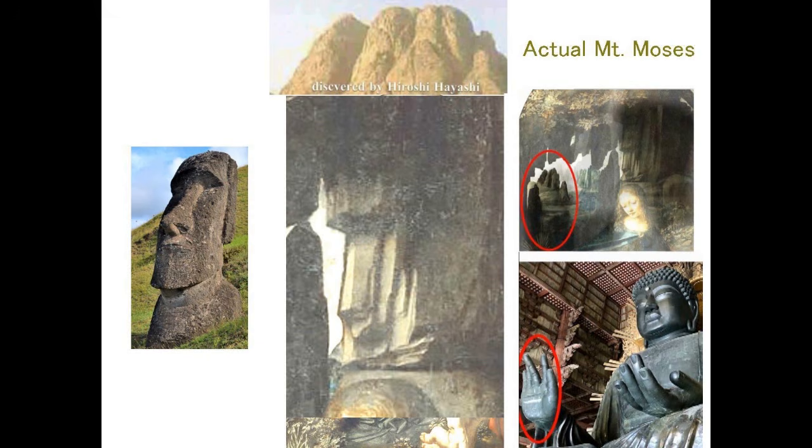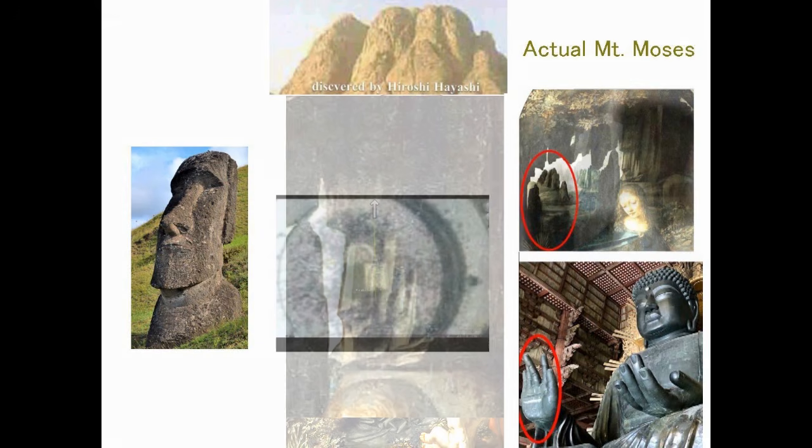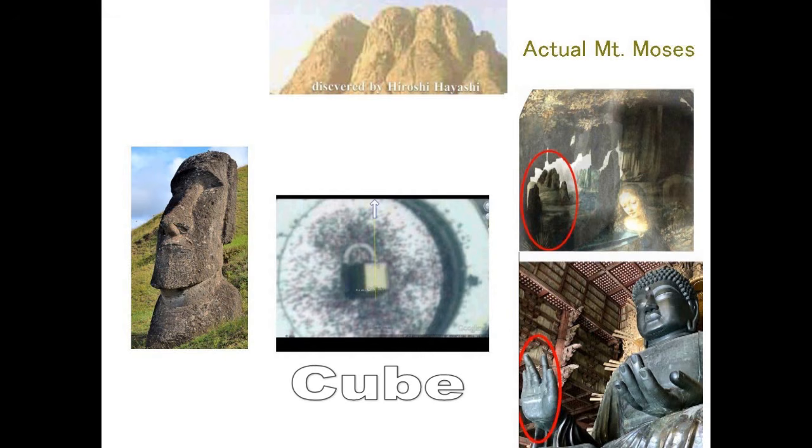By the way, you can see that the cube of Merkaba shows the direction of Mount Moses in the Sinai Peninsula very accurately. Mount Moses is the most sacred mountain for Muslims. Conversely, if you draw a line from Mount Moses to the cube of Merkaba, you'll find it as well.